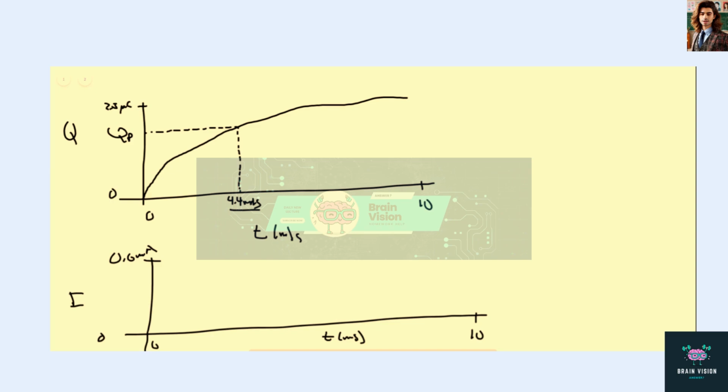We start at 0.6, and it decays very slowly along this path. And again, we should see that IP, the point that we wanted to find, happens at the same time, which is roughly 4.4 milliseconds. Awesome.